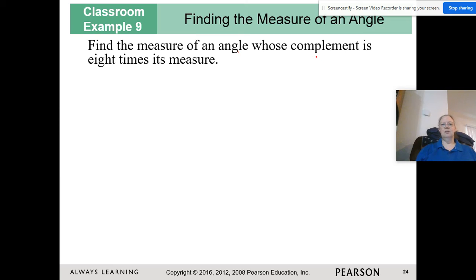Measure of an angle. The angle is always going to be x. The complement is 8 times the measure of the angle.